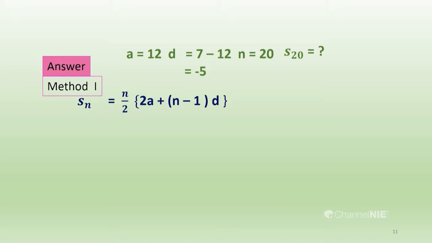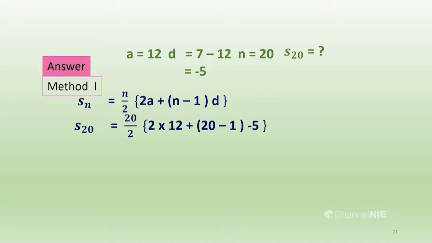When you are substituting the values, you should be careful, because there are some minus signs. When you are dealing with the minus sign, you should be aware, because sometimes you may get a wrong answer when you are not caring about those minus signs. Then I am going to substitute them.